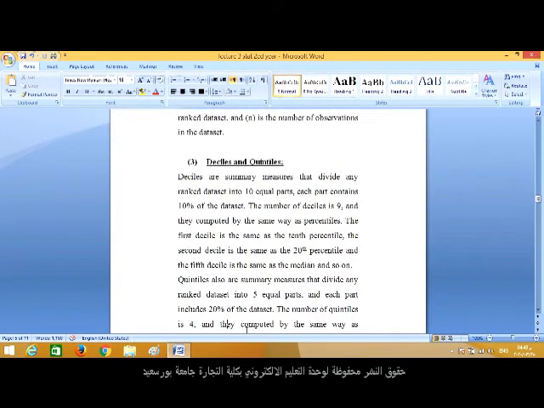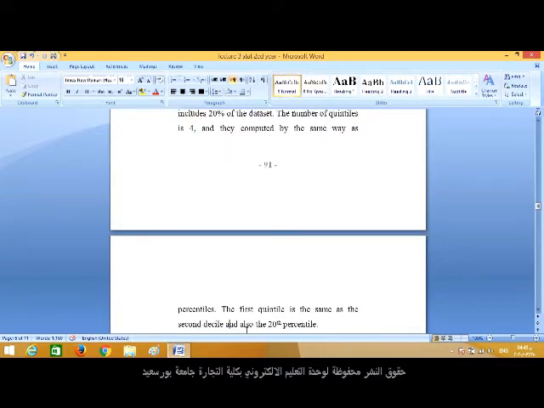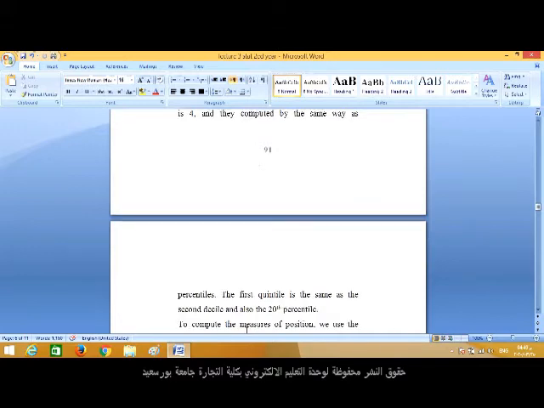The number of quintiles is 4, and they are computed the same way as percentiles. So we can compute percentiles, deciles, and quintiles the same way. The first quintile is the same as the second decile, and also the 20th percentile.